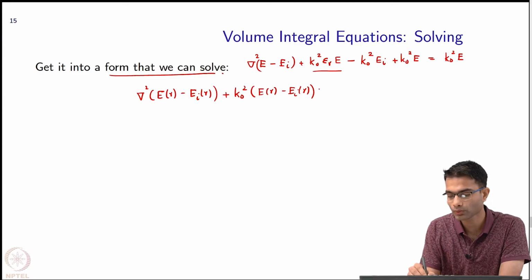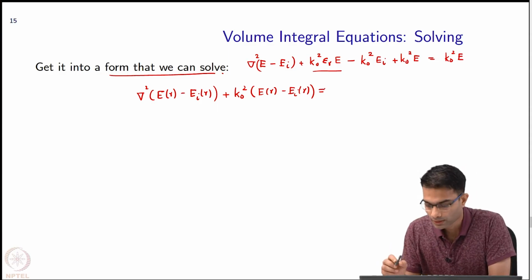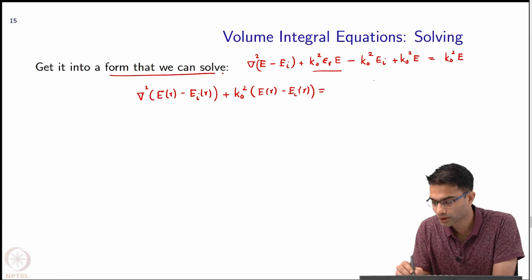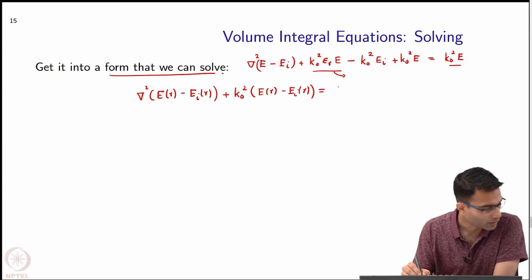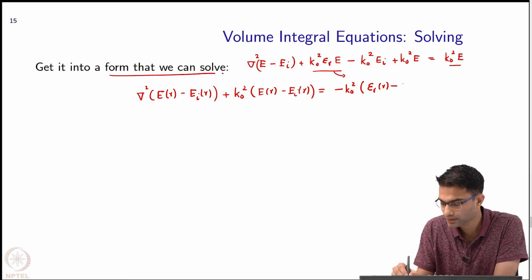Now, whatever is unwanted, I should move to the other side. So, the other side, this term will continue to be there and this guy moves to the right hand side. So, I have a minus k naught squared epsilon r of r minus 1 times E of r.